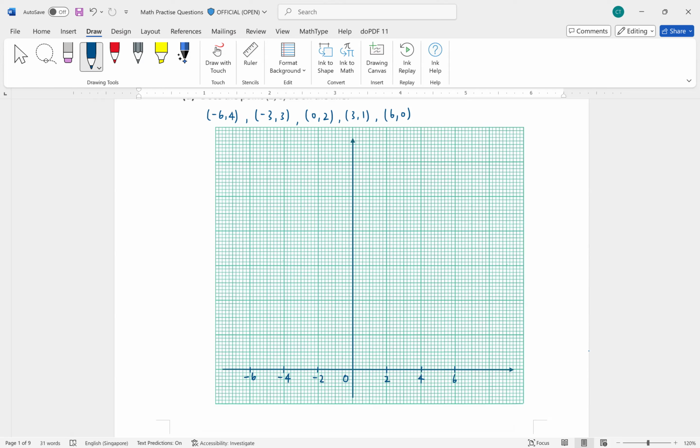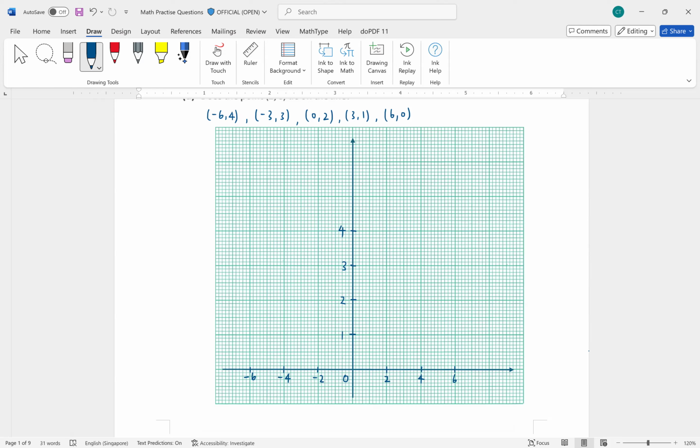Then for the y, we will put 1, 2, 3, 4. The biggest y is 4. The scale for x and y don't have to be the same. On the x-axis, one big box is 2 units. For the y-axis, one big box is 1 unit. So it doesn't have to be the same.